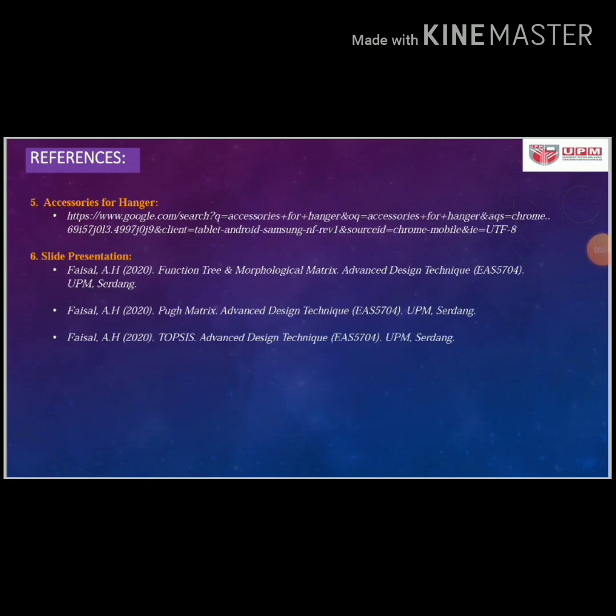And of course in the morph matrix we came up with different ideas, and then we were able to generate different concepts, and in this case we generated 4 different concepts for the multi-purpose hanger. Thankfully, the Pugh matrix is a really straightforward evaluation.